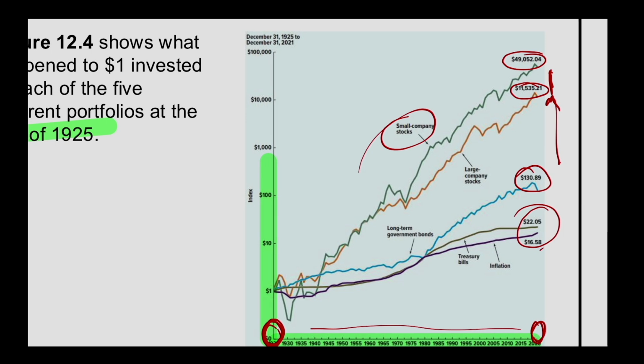Yeah, I see a lot of you saying not many or none. Because if they were successful, they became large company stocks. And if they were unsuccessful, they probably don't exist anymore.